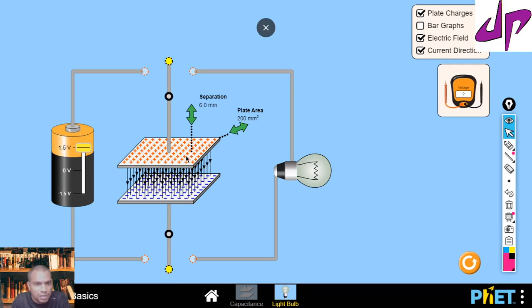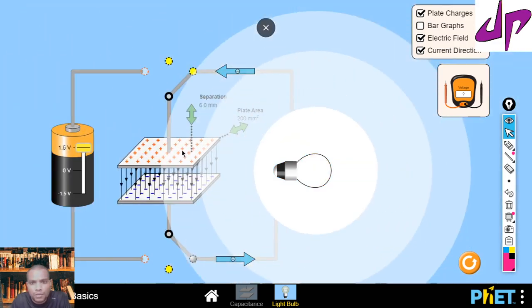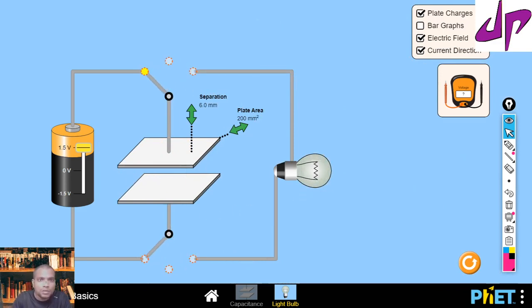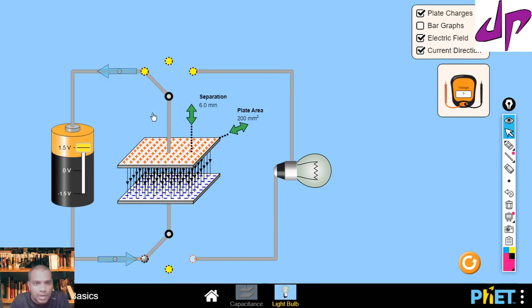Because of the potential difference, the stored charge will flow through this circuit if I connect. Now let me connect and see. You can notice the brightness of the glowing of the bulb. Now you can see the bulb brightness is decreased, and parallelly the amount of the charge is also decreased.